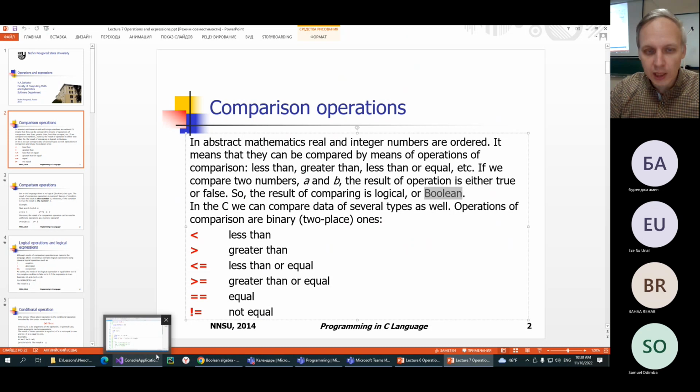But let's remember that the Boolean type corresponds just to the type that has only two possible values, true and false.